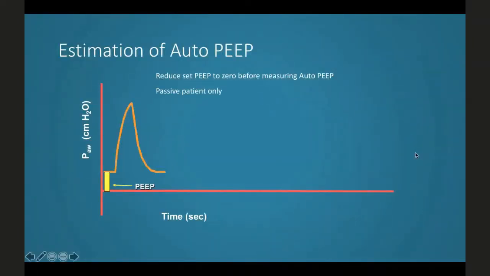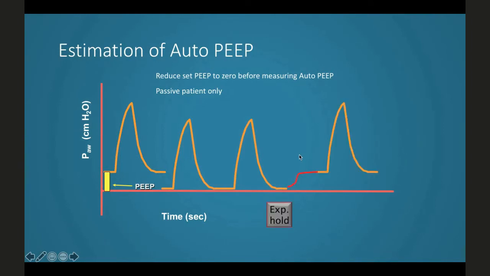Okay, how do you estimate the intrinsic PEEP? First, if the patient is passive, you can reduce the PEEP to 0 before measuring auto-PEEP, and then you do an expiratory hold for a few seconds, 1 or 2 seconds. Now you can see the baseline getting elevated.